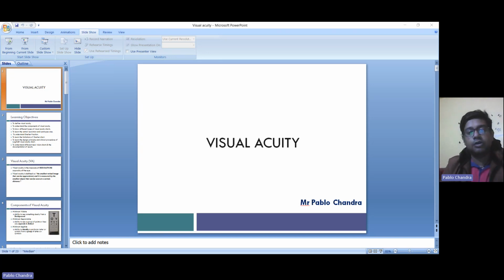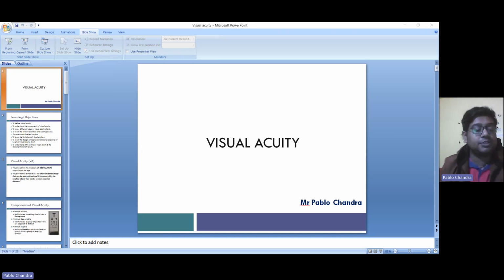So visual acuity is a very important indicator that lets us know our eye is good. Otherwise, we will know that there is a certain problem in our eyes which is preventing the visual acuity from being normal.